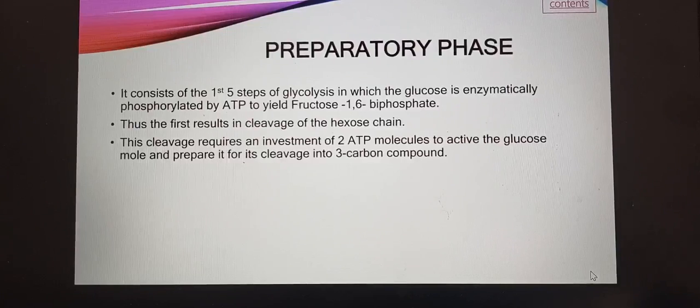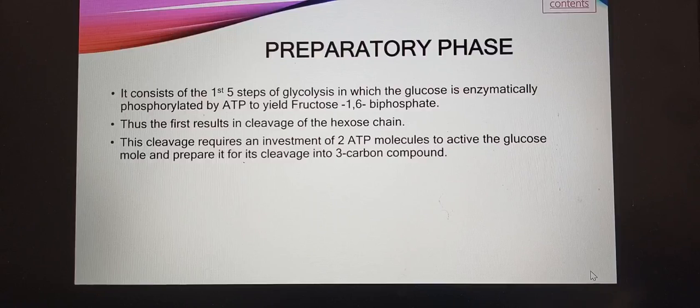It consists of steps 1 to 5 of glycolysis, in which glucose is enzymatically phosphorylated by ATP to yield fructose 1,6-bisphosphate. So here we are trying to say that in these steps glucose is converted to fructose 1,6-bisphosphate, and this requires an investment of 2 ATP molecules to activate the glucose molecule and prepare it for cleavage into 3-carbon compounds. Throughout this phase we utilize only 2 ATP molecules.